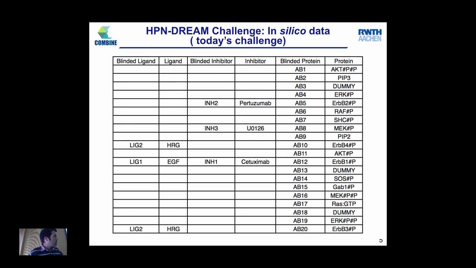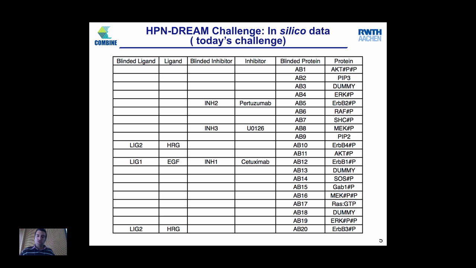And we had also mapped basically the proteins to the antibody, including some of these dummy antibodies, which were, as Pablo also explained, not in the real network. We did that to make things more confusing for participants. But then what we could do, if you want, later, is to really compare your networks with the real network and with the real proteins and see how well it reflects the results.